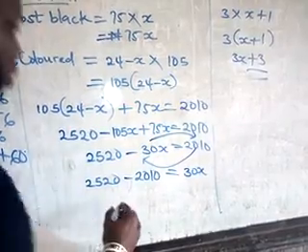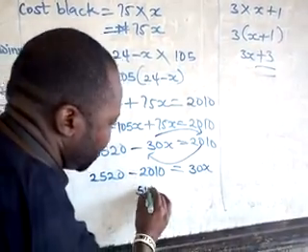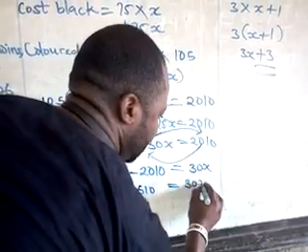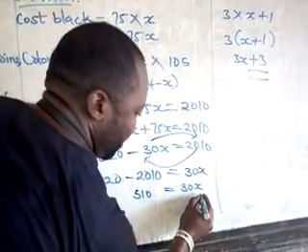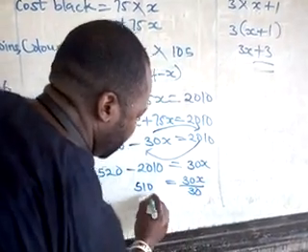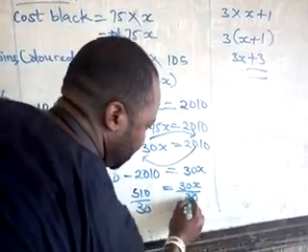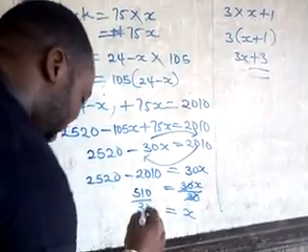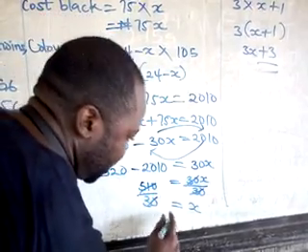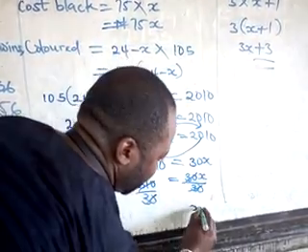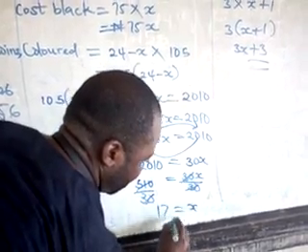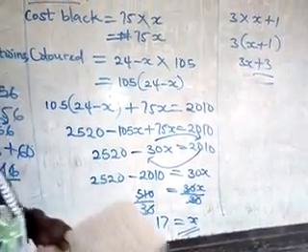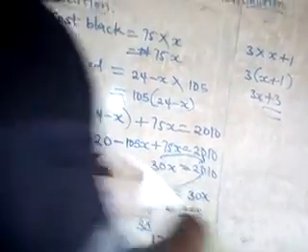What do you have? 510 equals 30x. So divide both sides by what? Coefficient of unknown, which is 30. 30 times 30, you are left with x. Then 510 divided by 30, that gives us 17. Simple as A, B, C.